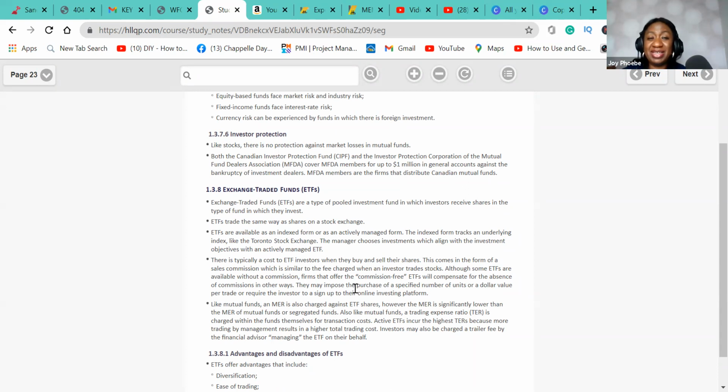So that's basically exchange traded funds. Make sense? And that's what they are trying to explain to us. They say that exchange traded funds are a type of pooled investment funds in which investors receive shares in the type of funds in which they invest. Okay, makes sense.